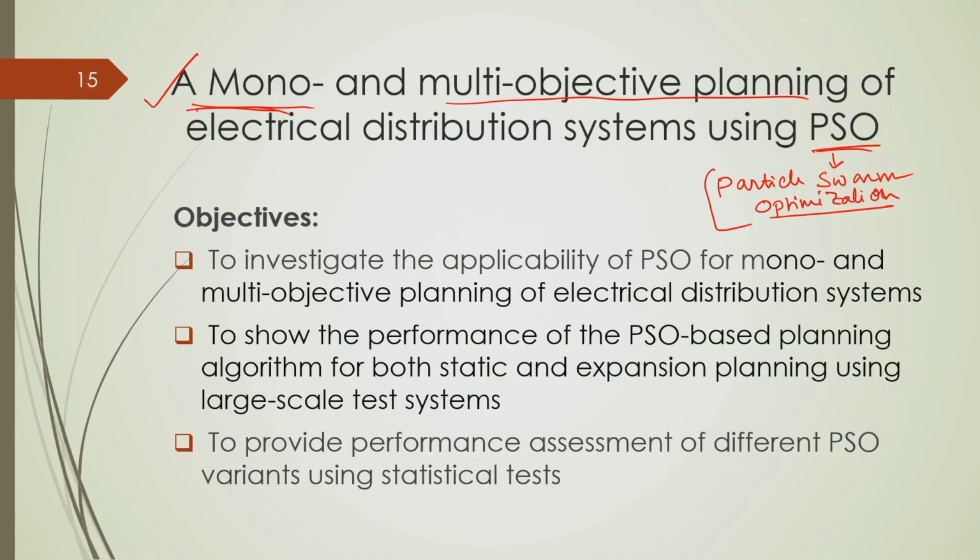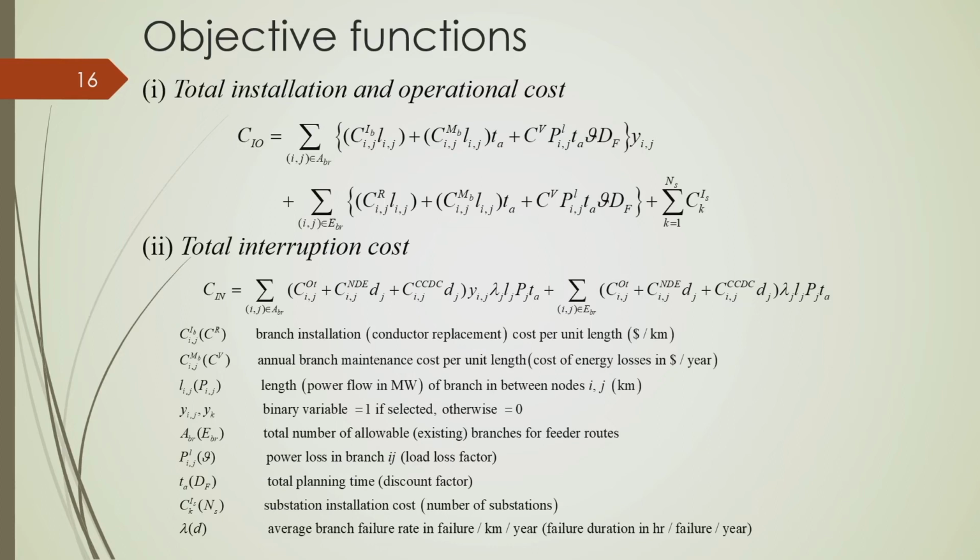Here I will show you how we formulate this mono objective optimization problem for designing a distribution network. Although it is a mono objective optimization problem, I have shown you two different objective functions: objective function 1 and objective function 2.